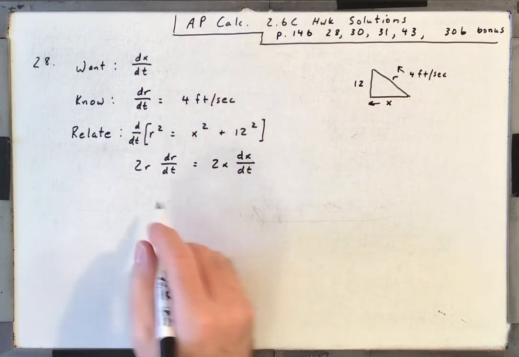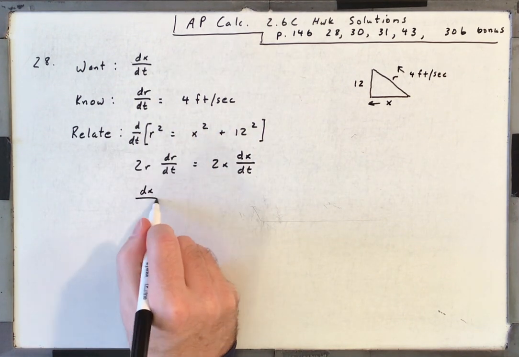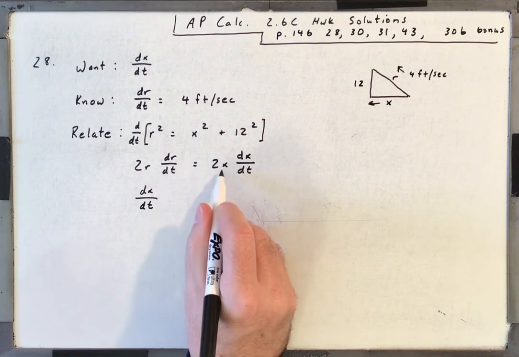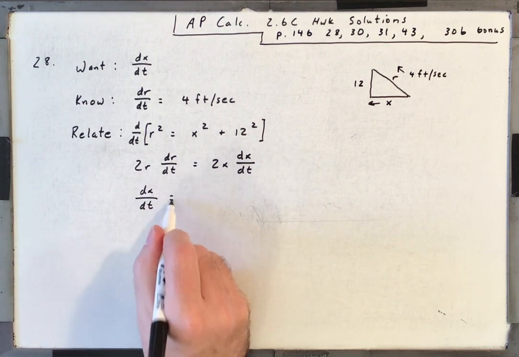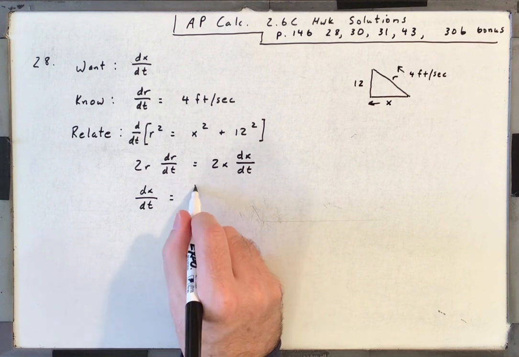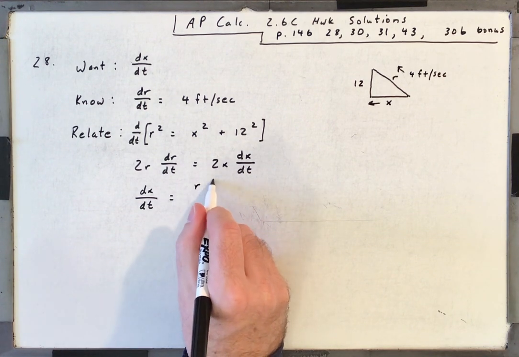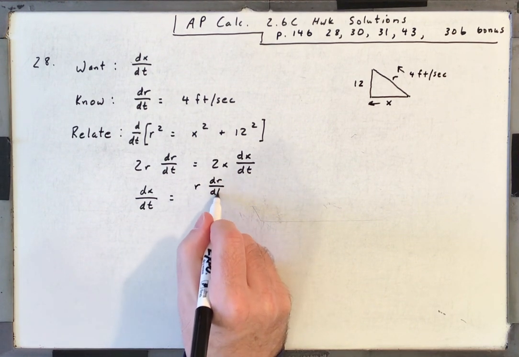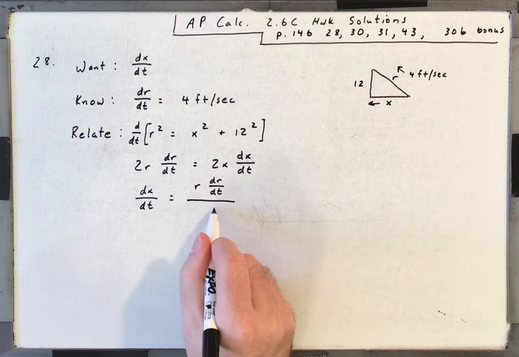We want to know dx dt, so solving for dx dt, I'm going to bring that 2x underneath. The 2's will cancel, and you have r dr dt over x.